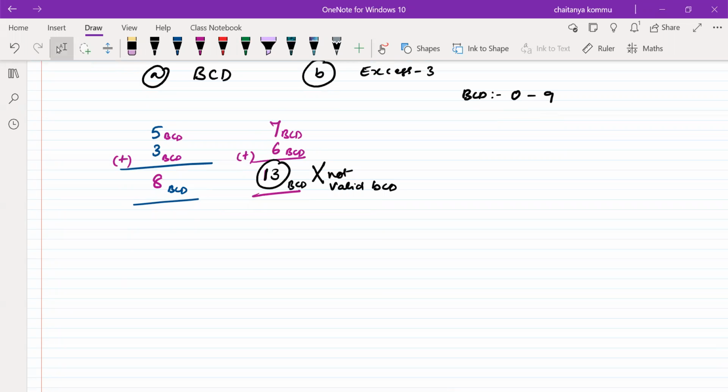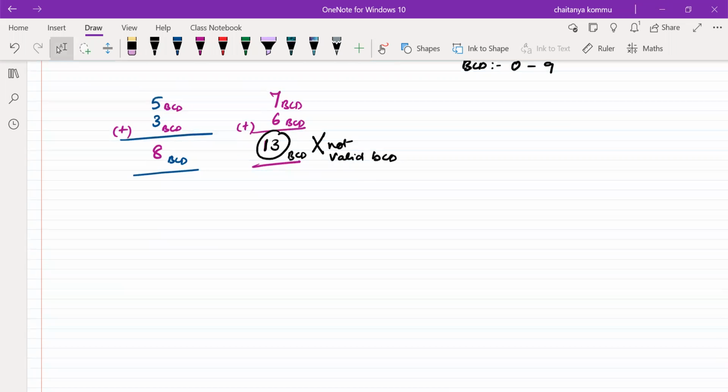Let us consider the arithmetic for this. By looking at this, I can say that it's a BCD number. 7 is converted into binary information. How many digits are required? 4 bits are required to code 0 to 9 for BCD, as we have seen previously.